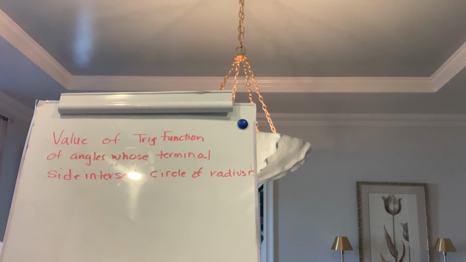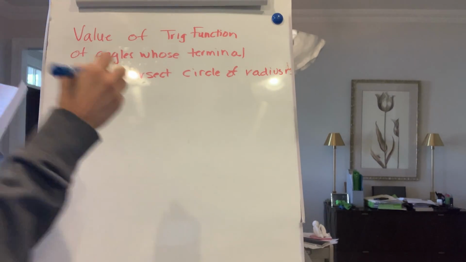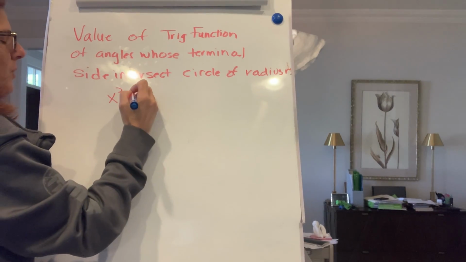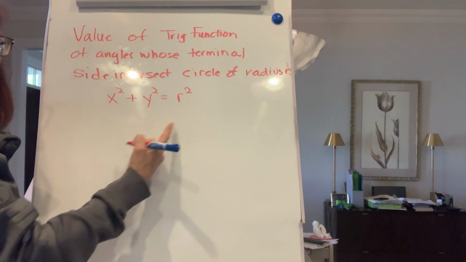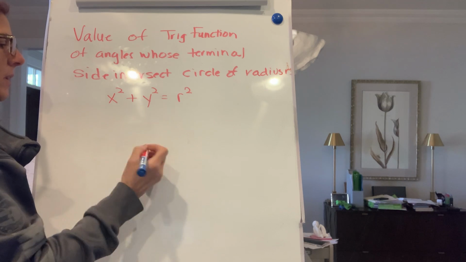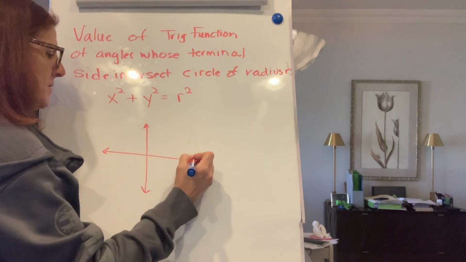If you remember what the equation for a circle is, that is x squared plus y squared equals radius squared. And this one is centered at the origin because there's no shift right or left.